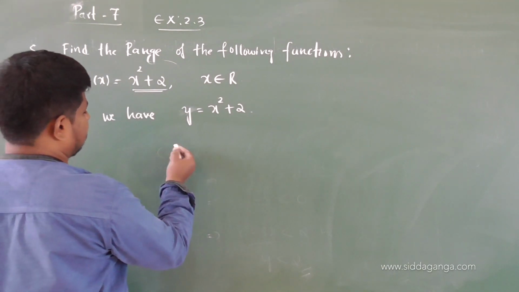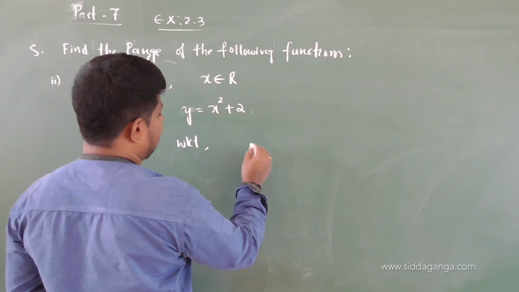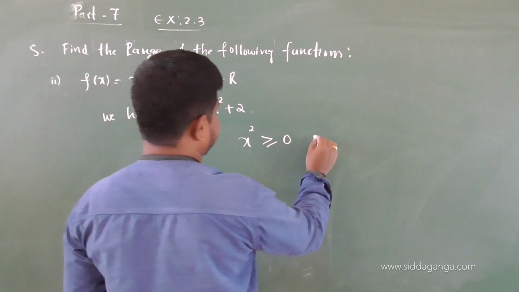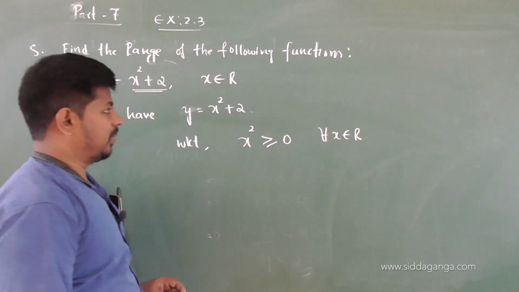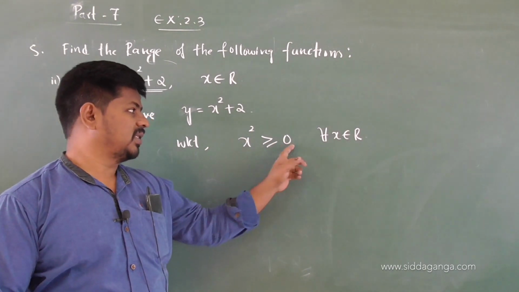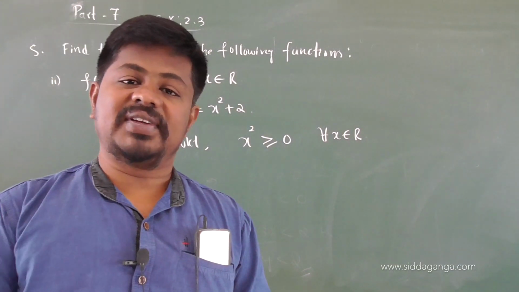See, for any real number, we know that the square is always greater than or equal to 0. For all real x, x square is greater than or equal to 0. When x is 0, it is equal to 0. For any other values of x, the square is always positive, right?